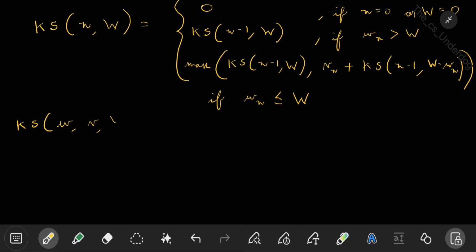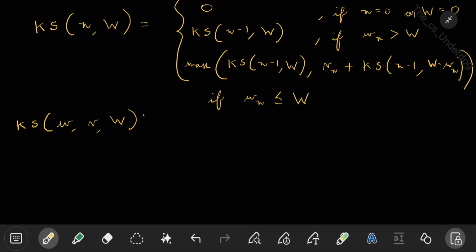And then you will have a value W, which is the total capacity of the knapsack. This small w is an array having n different elements inside, that is the weight of n different items. This v is also an array. It has the value of n different items. And this capital W is the total capacity of the knapsack. It is a single value.